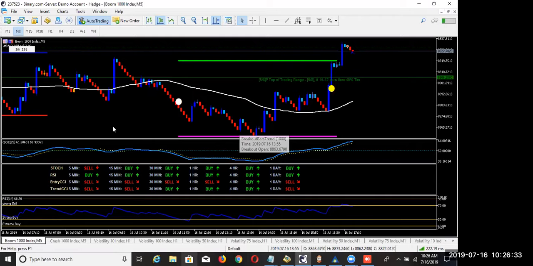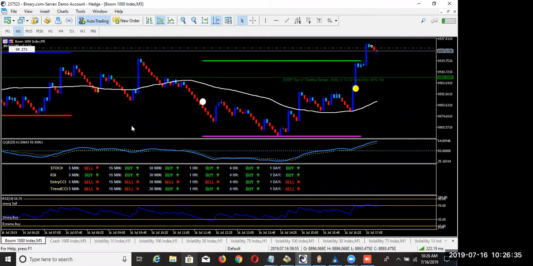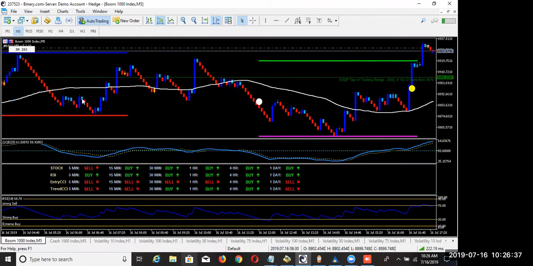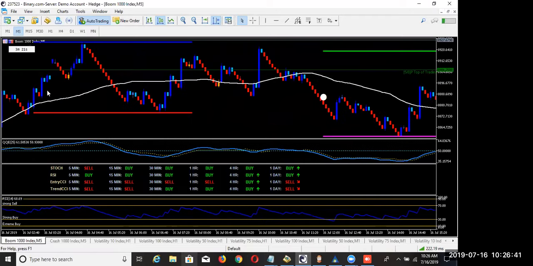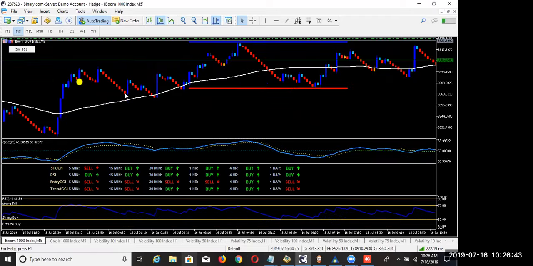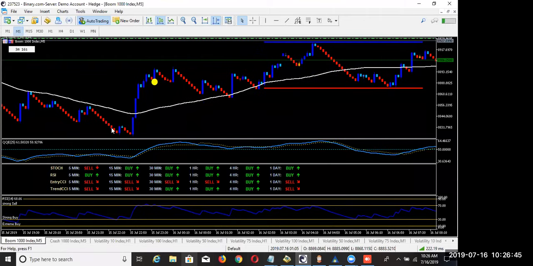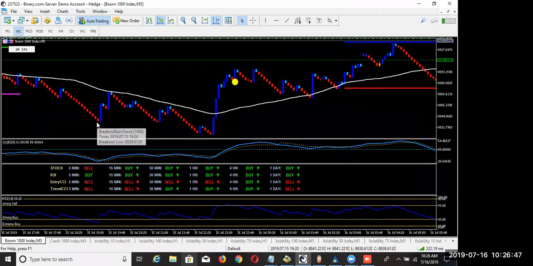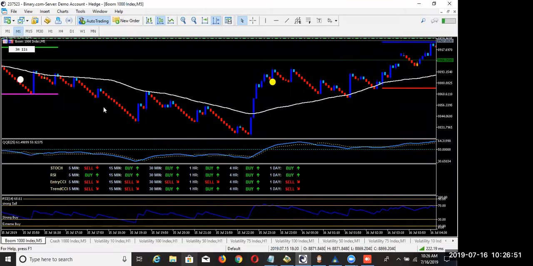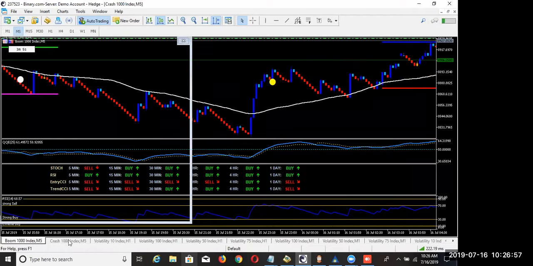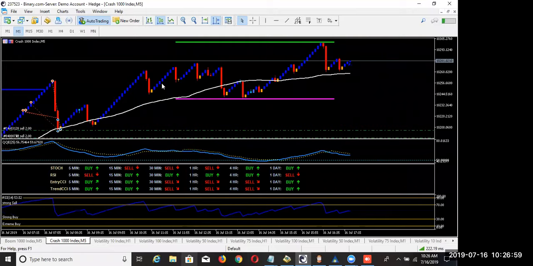But where is your entry going to be? Your entry is going to be after your light blue. After every light blue, you take your sell. Applicable everywhere. But on a buy trend, you hold for 3 to 5 candles. On a sell trend, 5 to 8 candles. That is for sell. For boom, after the light orange, you go for buy.